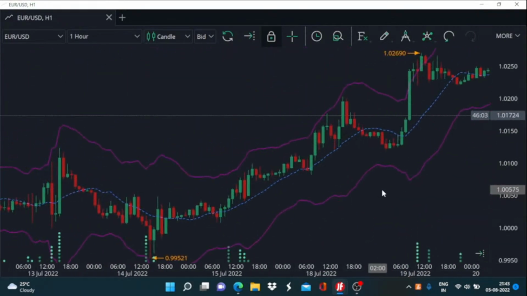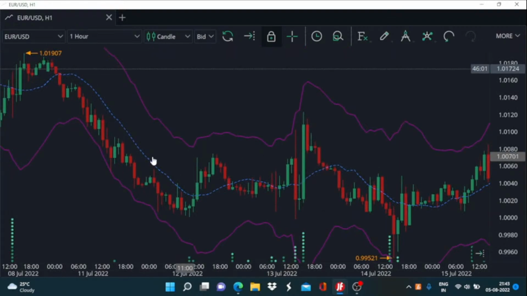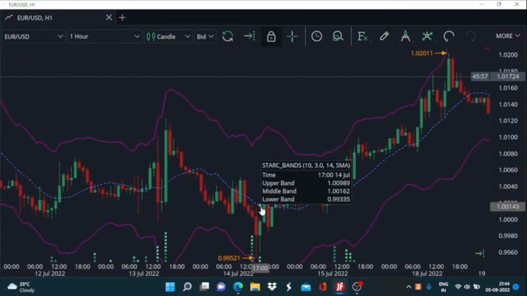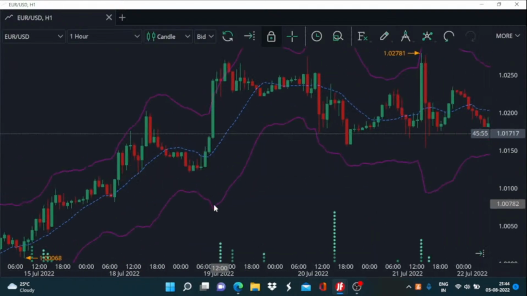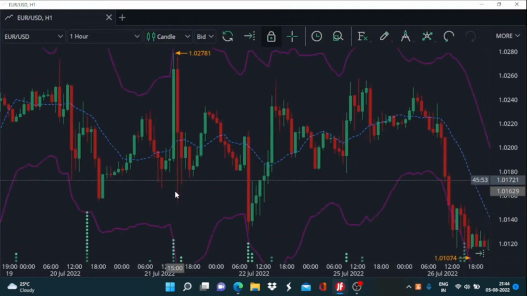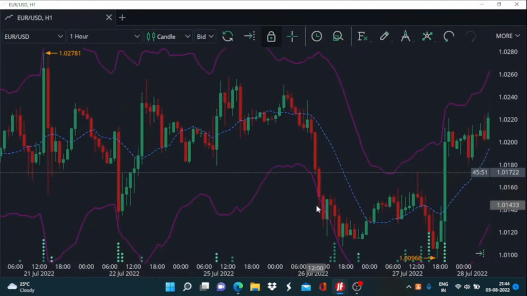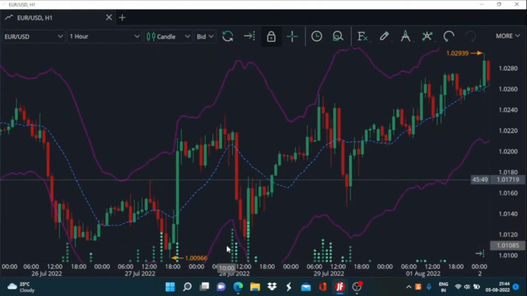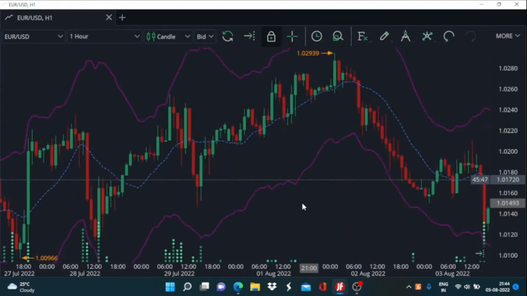So we have these price extremes being touched very rarely. It is not happening too often that we have price moves going on to touch these bands, both on the higher as well as on the lower side.